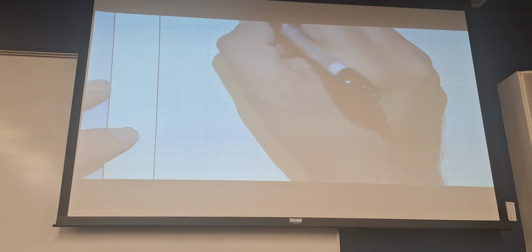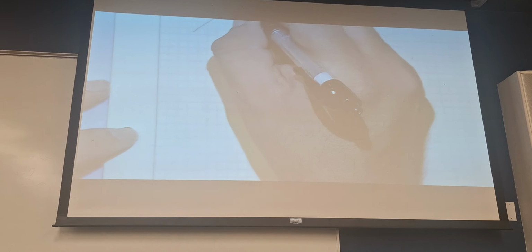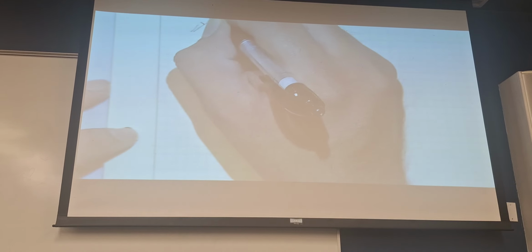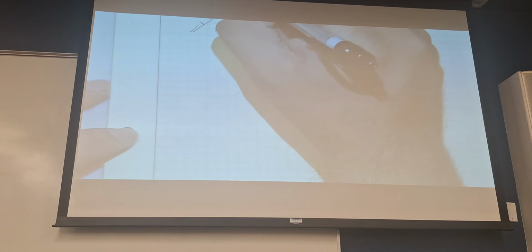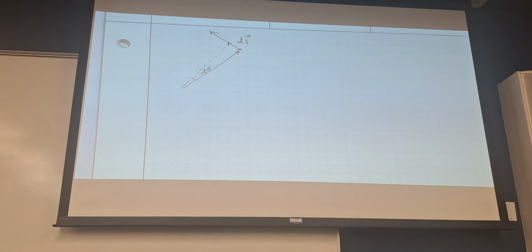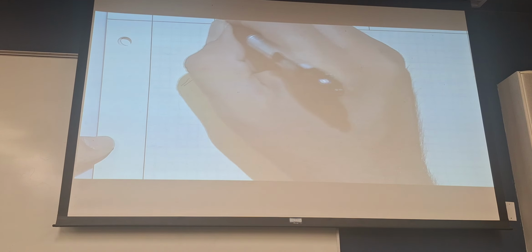Okay, so what about work? So this thing moves, right? Some angle. Can you move it down a little bit? Thank you. And then this is F_tangential.